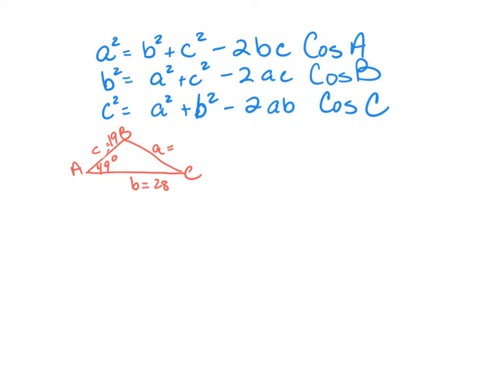So in this case, when I do big A equals, big B equals, and big C equals, little a, little b, and little c, I have that little c is 19, little b is 28, and big A is 49. And you see the problem, I don't have a full fraction.